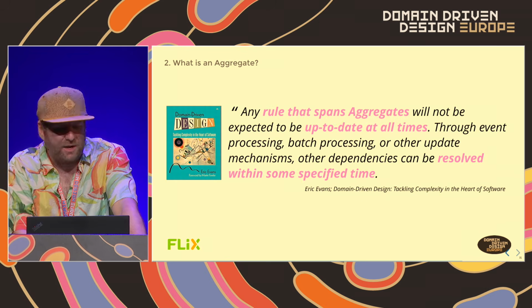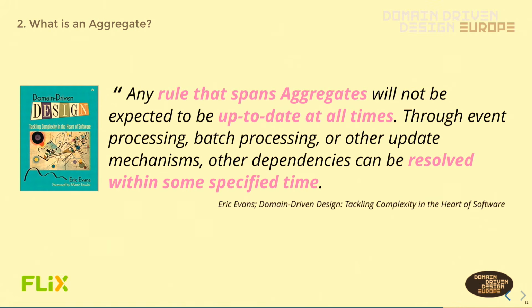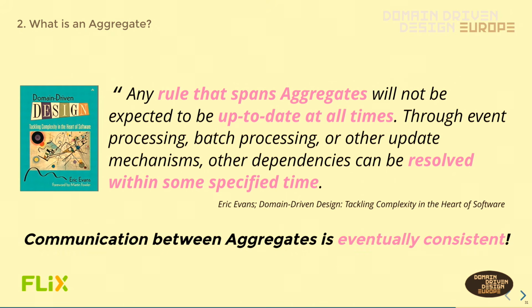And Eric has, again, a quote, that any rule that spans aggregates will not be expected to be up to date at all times. Through event processing, batch processing, or other update mechanisms, other dependencies can be resolved within some specified time. And you probably heard this term very often. What he talks about is eventual consistency, right?